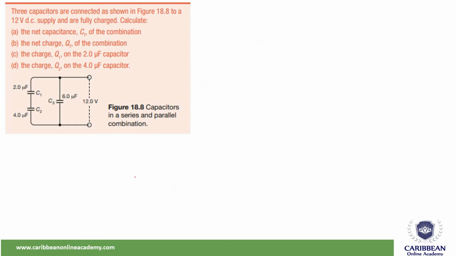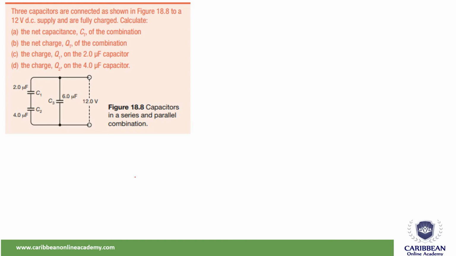Not a hard problem. It says that we have three capacitors connected as shown in the diagram to a 12-volt DC supply and are fully charged. It says calculate the net capacitance, CT.